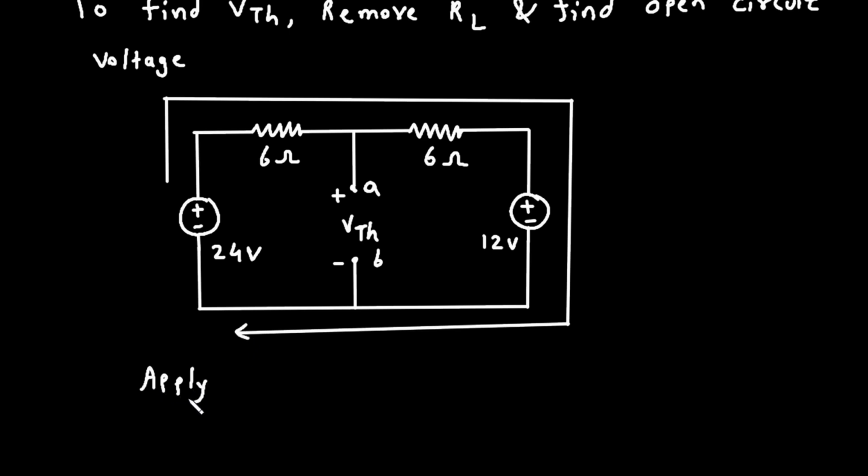Apply KVL to outer loop. Let's say this current is current IT.